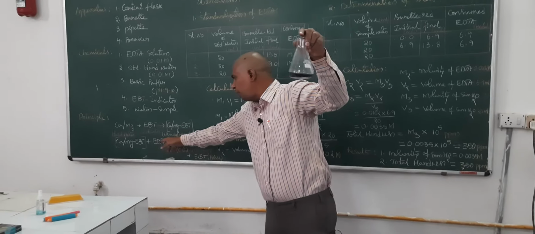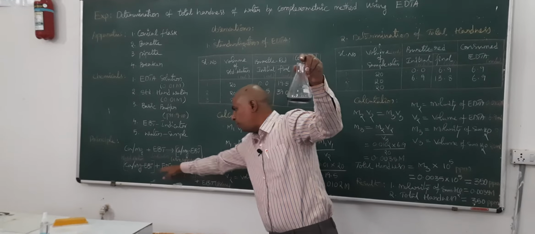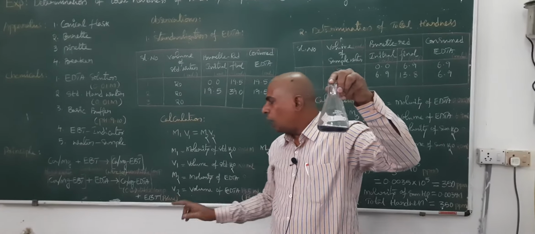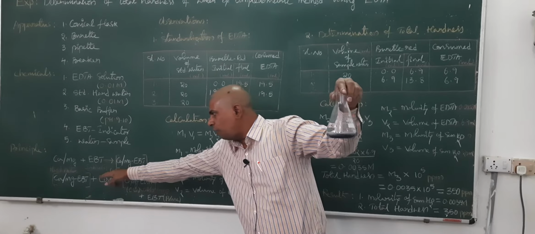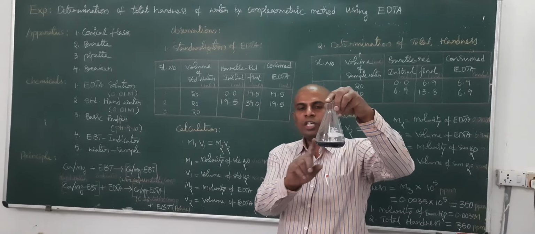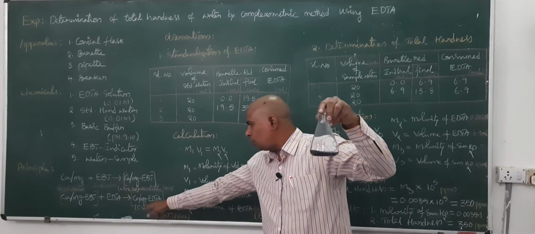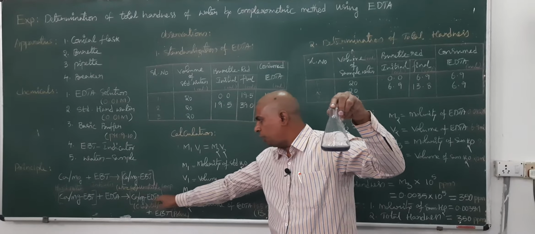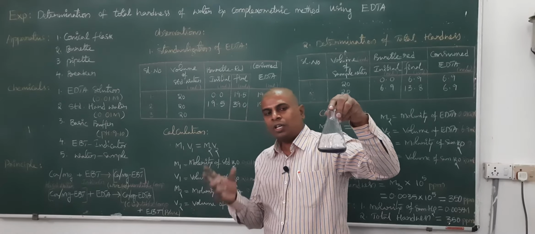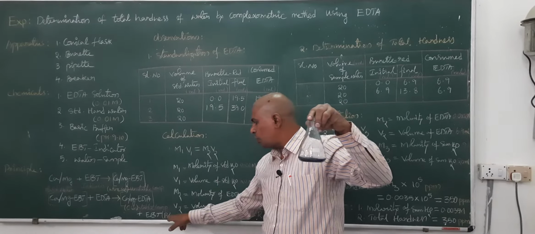Whenever you have the wine red unstable complex and titrate with EDTA, it turns blue. How does it happen? Here EBT is substituted by EDTA, and then EBT comes out, and the EBT color is blue. The calcium magnesium EDTA complex is a stable complex and has no color. Whenever the EBT comes out, it shows a blue color.